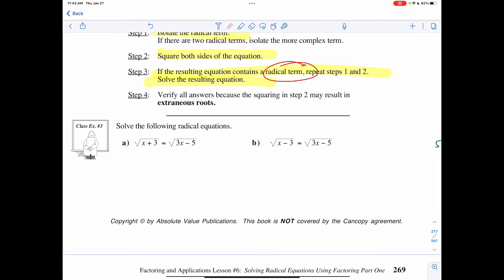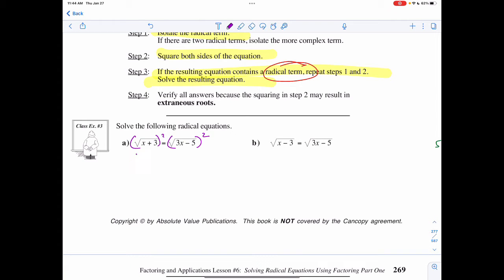So, looking at example 3 here, I have the square root of x plus 3 and the square root of 3x minus 5. The radical is already isolated, at least one of them is. So I'm going to square both sides.